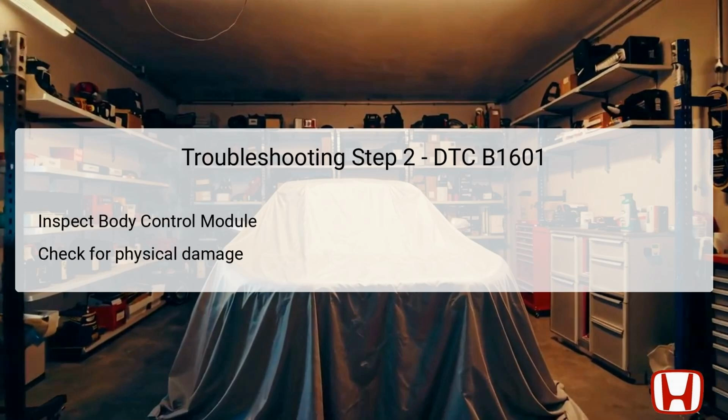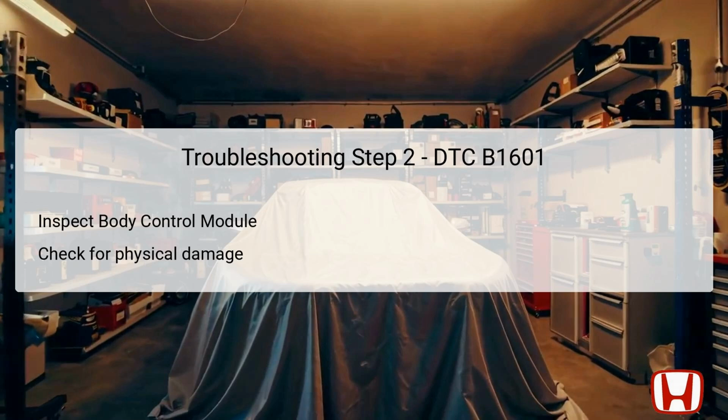Following the initial check, the second step is to inspect the body control module for any signs of physical damage. Given that this module orchestrates multiple electrical functions, ensuring its integrity is paramount. Inspect visually for cracks, corrosion, or loose connections that could impair functionality.